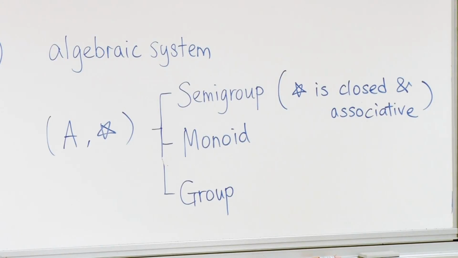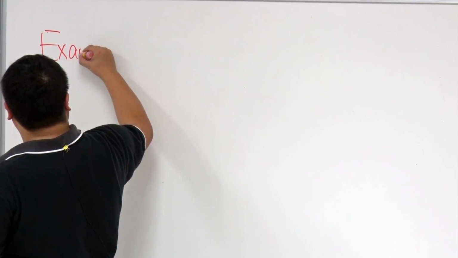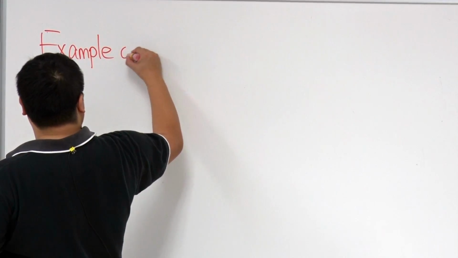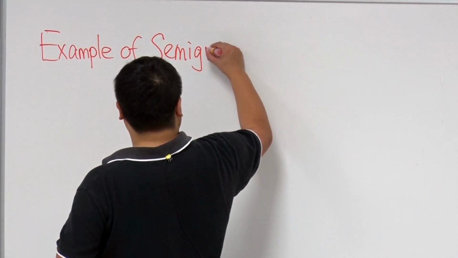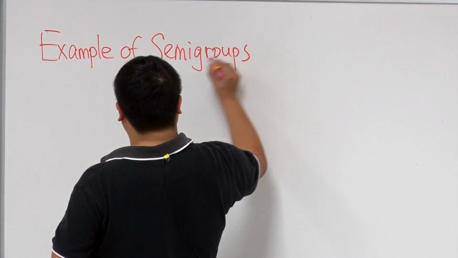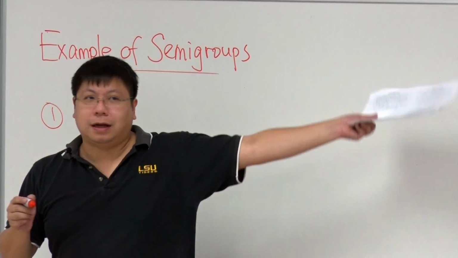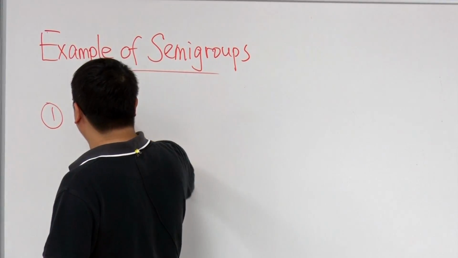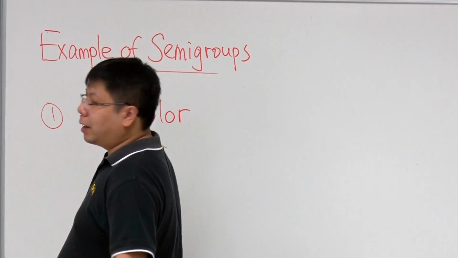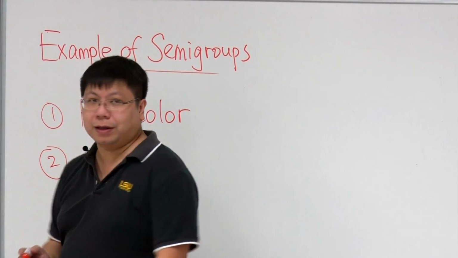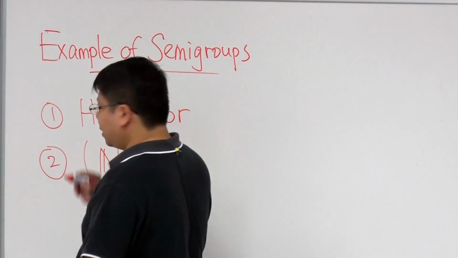Examples of semigroup. The first one that we have is the hair color example. Another example, let's look at something that we are more familiar with. For instance, let's take a look at the natural number set.